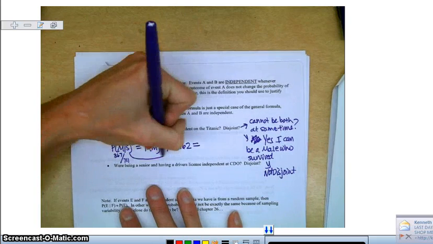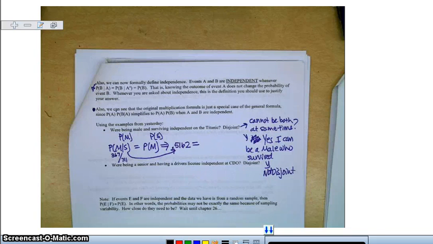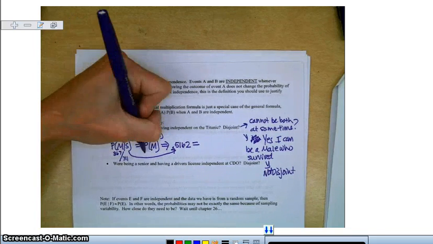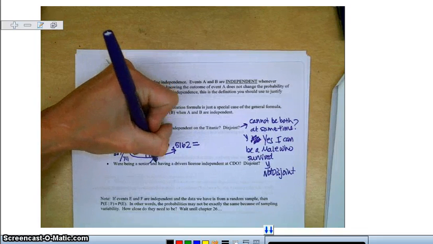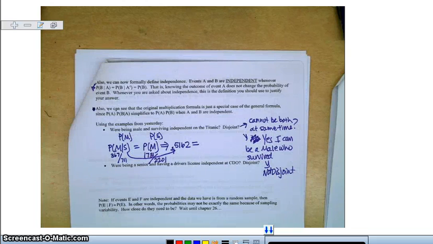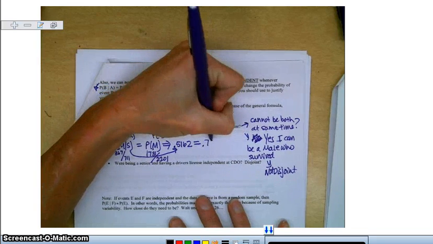Okay, so that's the probability of being a male given that you survived. Now, what's just the probability of being a male? Well, the probability of just being a male was 1,731 over 2,201, and that is actually 0.7864.